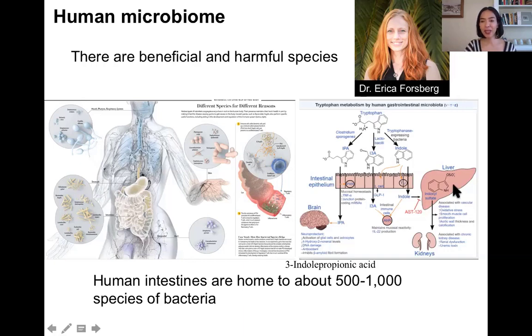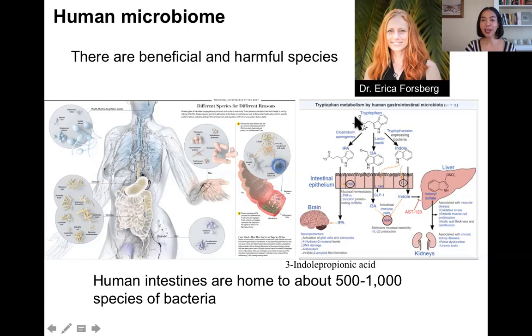For example, in here we can locate different types of bacteria that associate to different parts of our body. And that is part of the study of the human microbiome. If we look at the guts, there are a series of bacteria, and depending on the substrate that they are going to be breaking down, they can be beneficial or harmful.